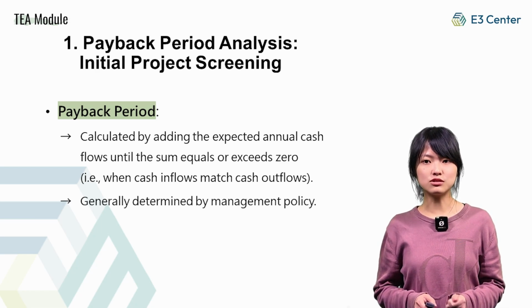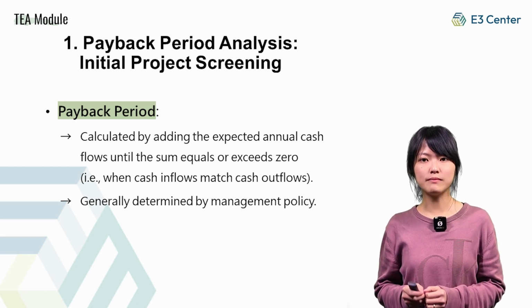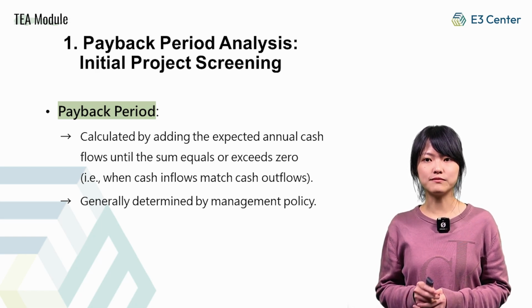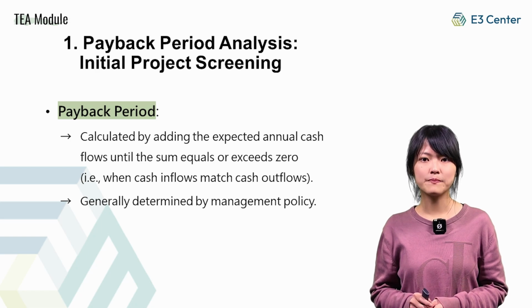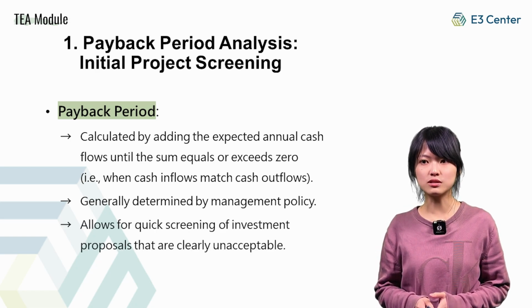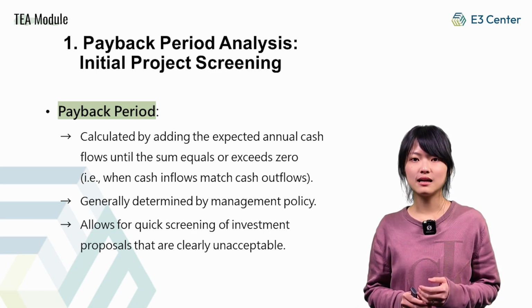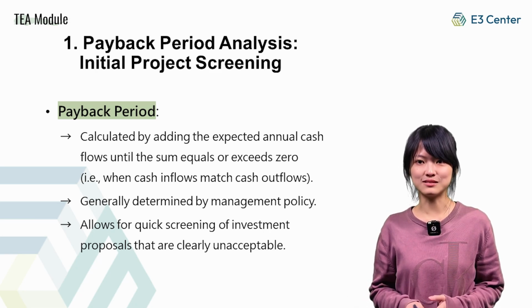This metric is usually set by management policy and provides a quick method to filter out unviable investment proposals. For instance, a high-tech firm might prefer a shorter period to mitigate risk associated with rapid technological obsolescence.